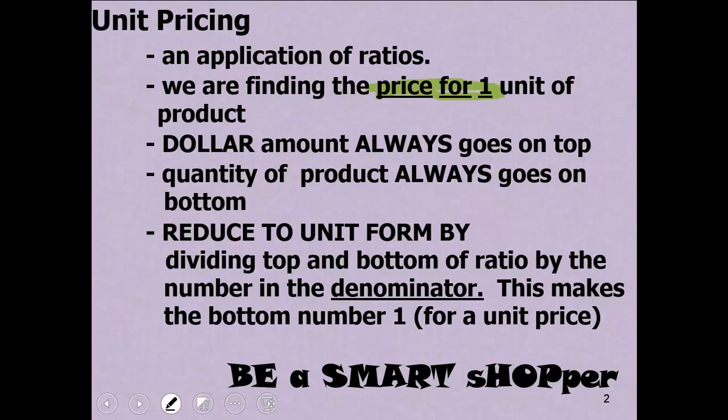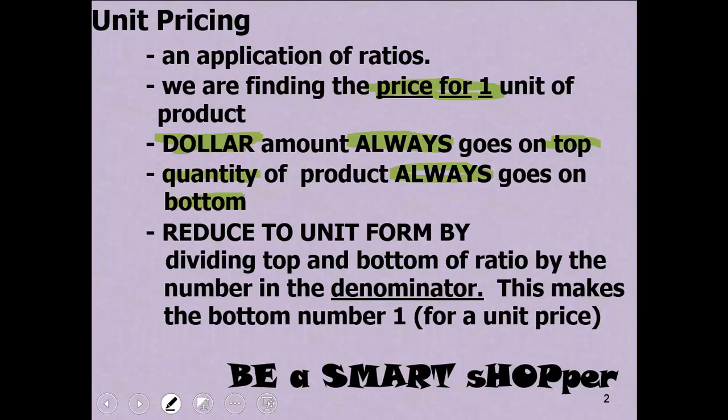When you're doing unit pricing, always put your dollar amount on the top, because it's going to be cost per 1 unit. The quantity is always going to go on the bottom. Dollar goes on top. Quantity always goes on bottom.